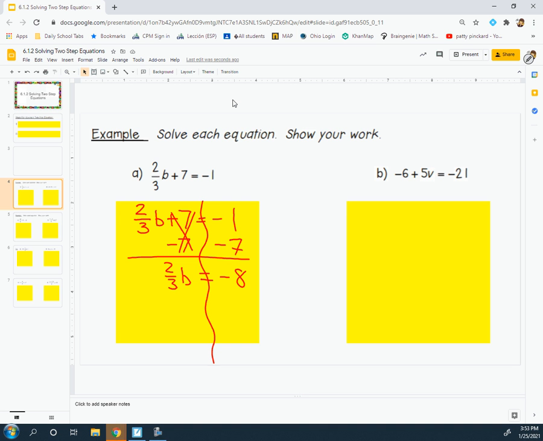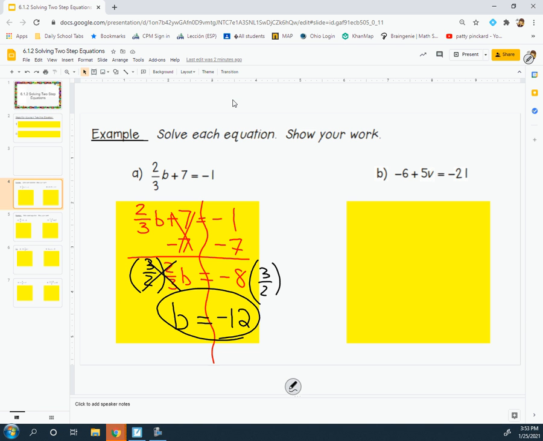And then, just like I said, I'm going to multiply both sides by the flip of the fraction. These cancel. I get b equals 8 times 3 is 24, divided by 2 is 12. It's -8 though, and negative times a positive, so I get -12 as my answer.